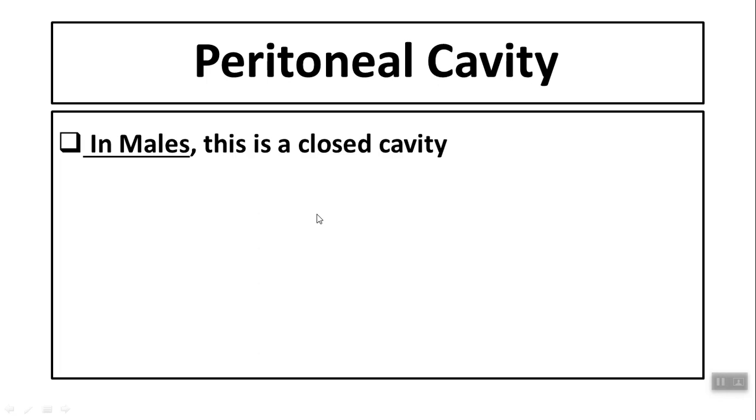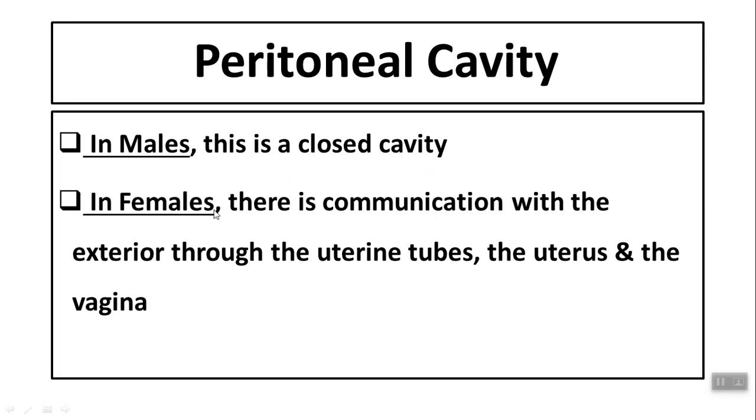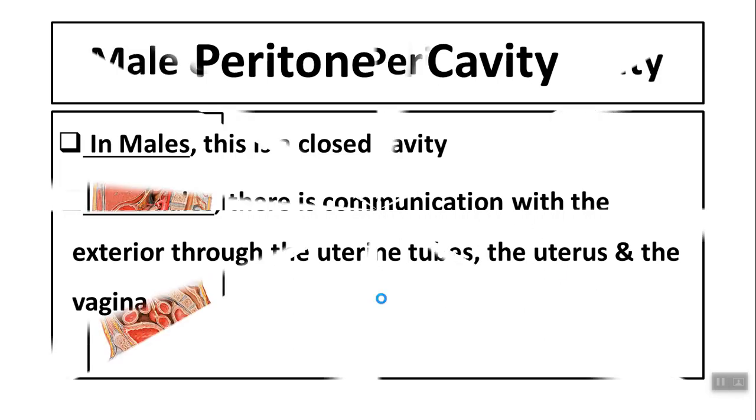Peritoneal cavity in male is a closed cavity, that is, it has no communication with the outside, while in female there is a communication with the exterior through the uterine tubes, the uterus, and the vagina.